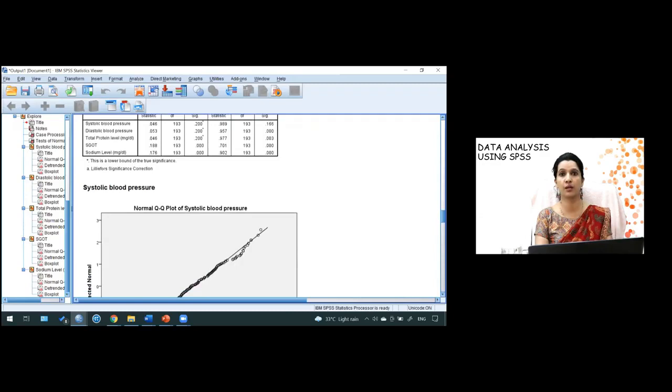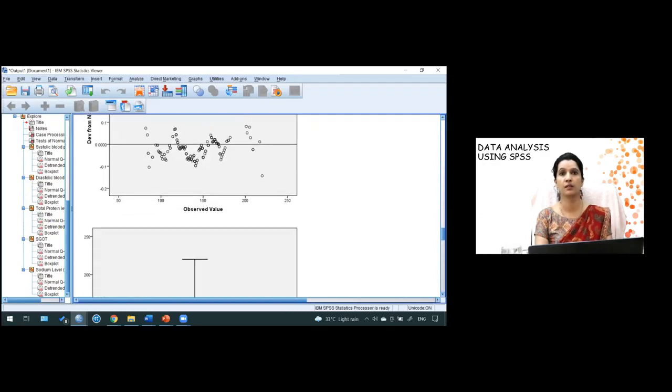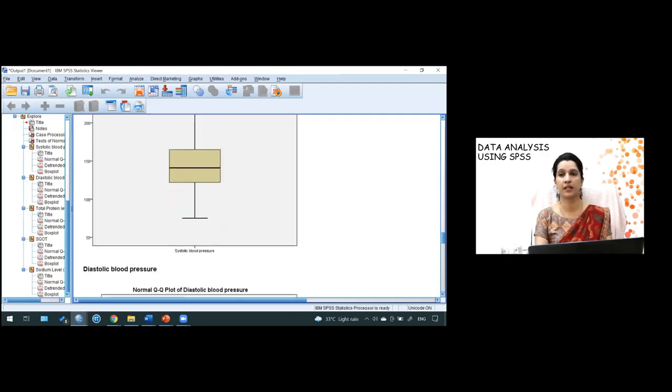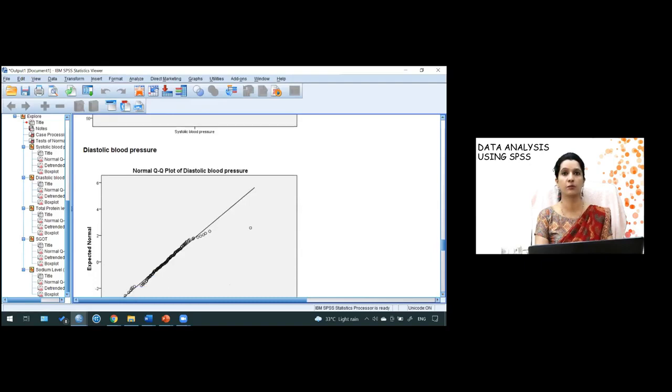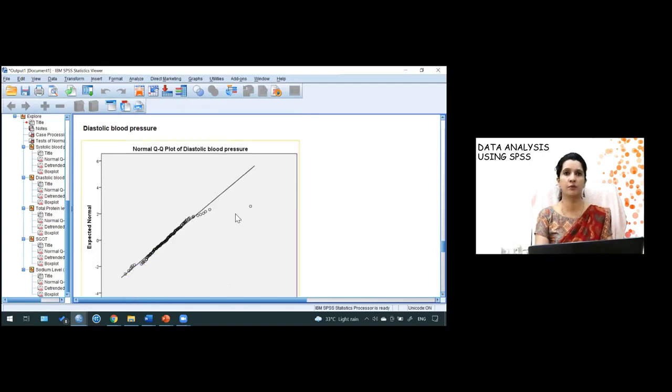But if you go down and see, here it will give you the two. I told you, you have to see the box plot as well as the QQ plot. Now you see the QQ plot. It is normally distributed, with only one or a few values off.